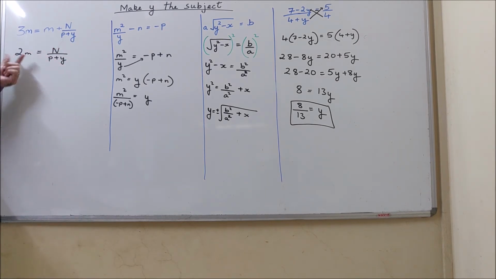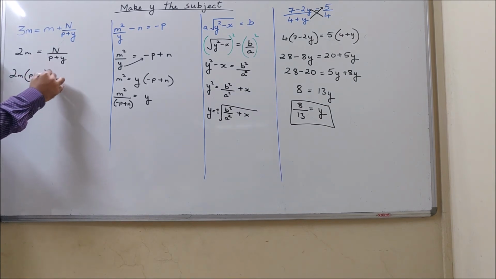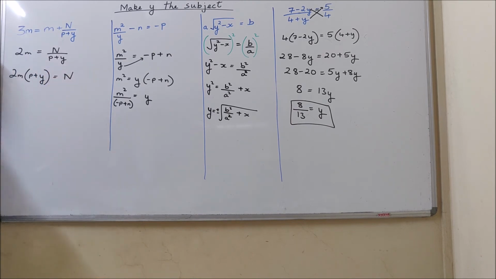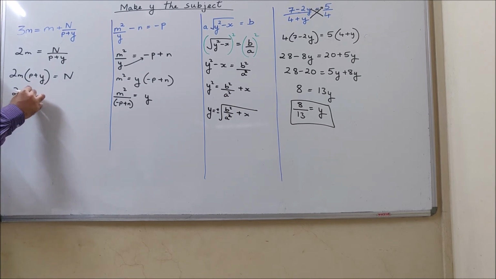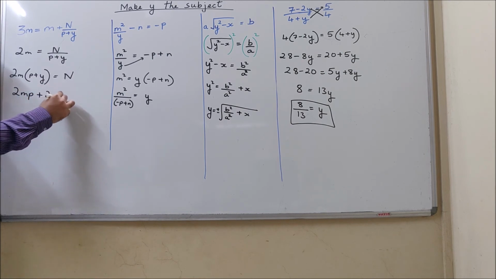Take this up. So 2m open bracket p plus y is equal to n. Open the bracket. Multiply this with both the terms. So you are going to get 2mp plus 2my.